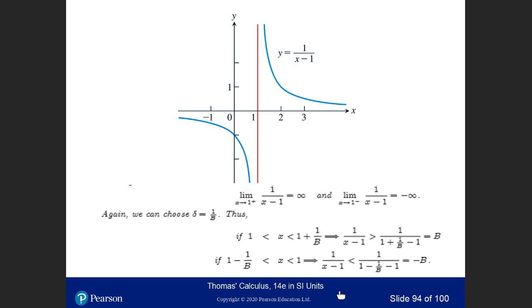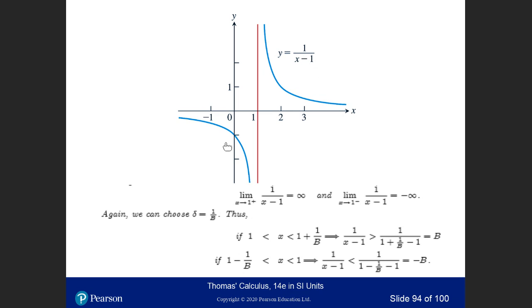Okay. So here is another function, y is equal to 1 over x minus 1. Now, as x approaches 1 from the right-hand side, you can see that this number becomes very, very small, but it's positive, so it goes to positive infinity.